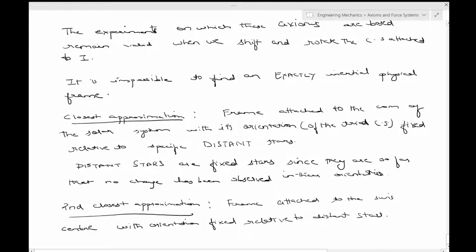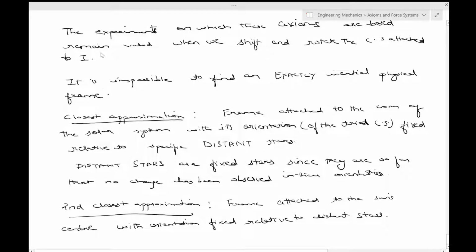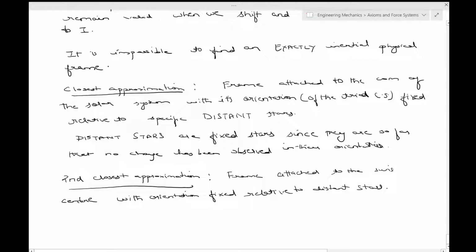Then we can write the third closest approximation, and as you can see, we move from the center of mass of the solar system to the center of the sun, and then to the center of the earth, and so on. And you will see why.